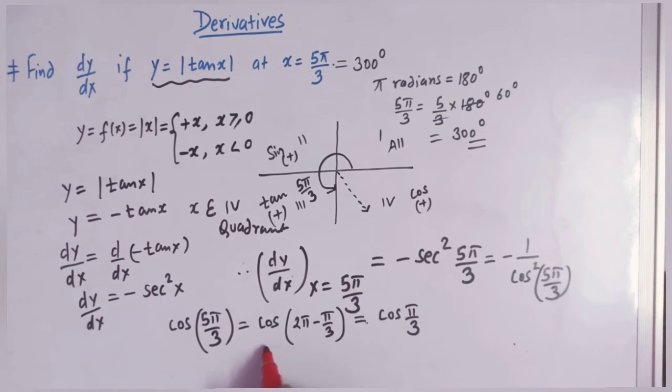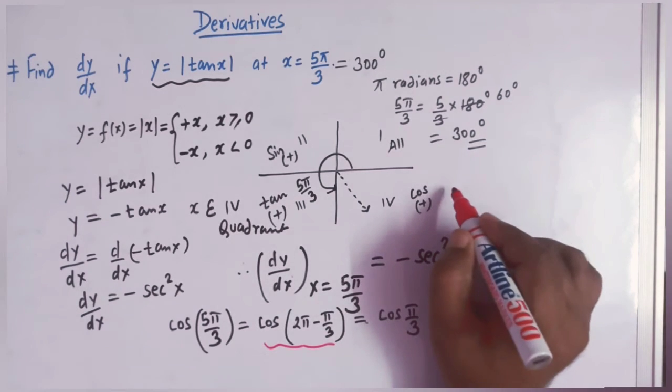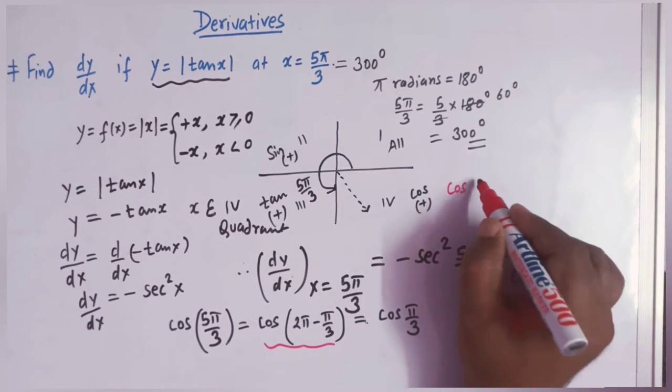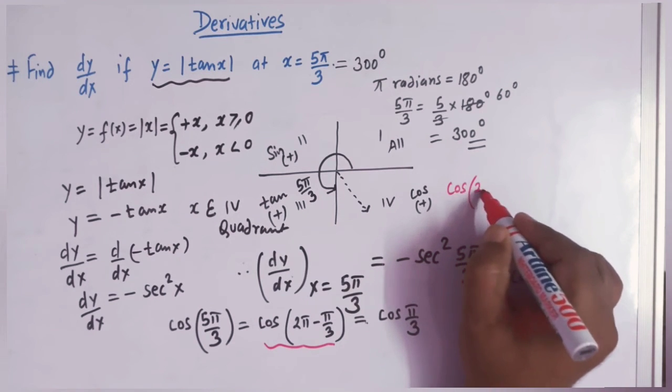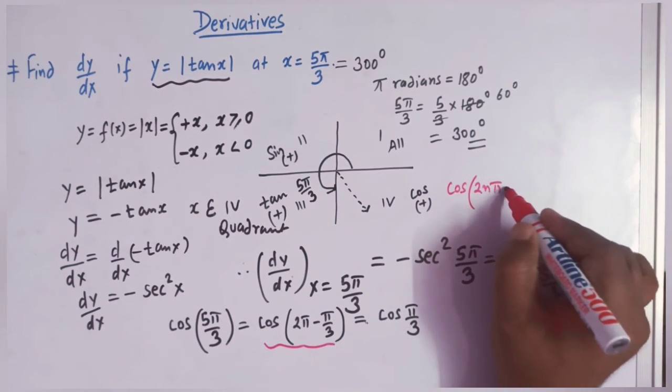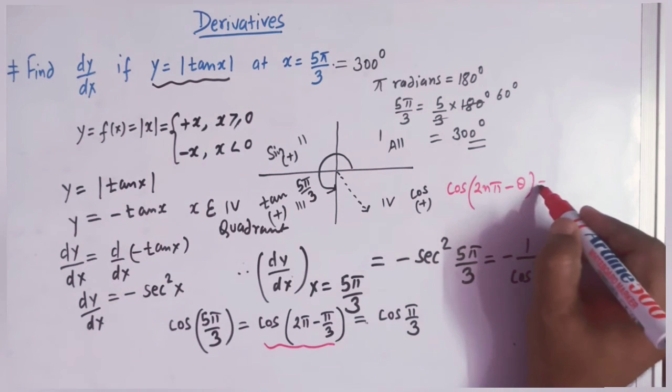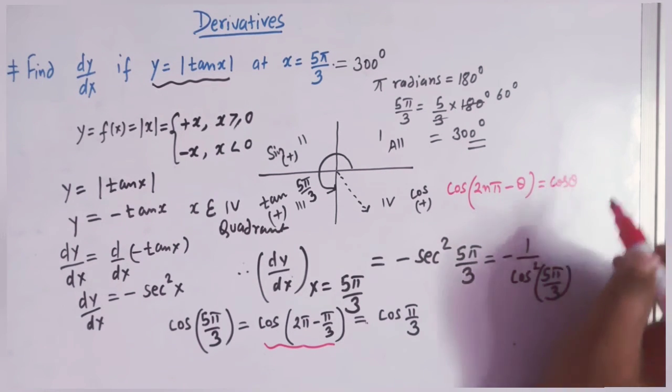Here we have used an important result from trigonometry, that is, cos(2nπ − θ) = cos θ.